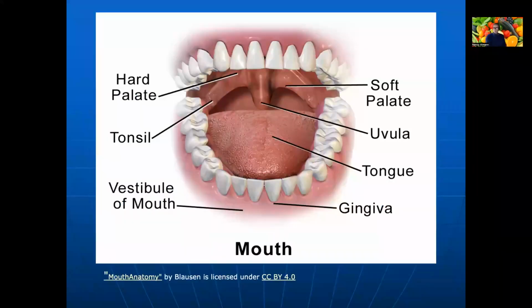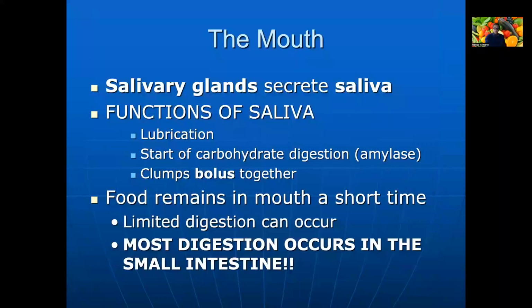This is where it all starts, the mouth. The mouth is going to be responsible for receiving food. You break it down into smaller particles through mechanical processing thanks to chewing, and you will also add saliva.